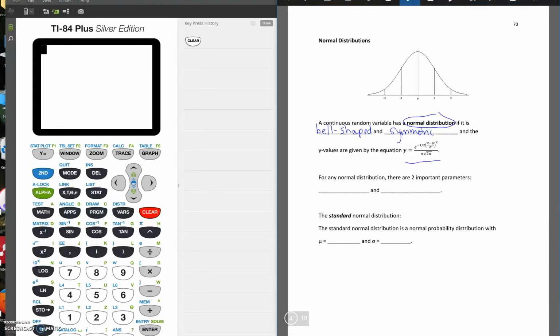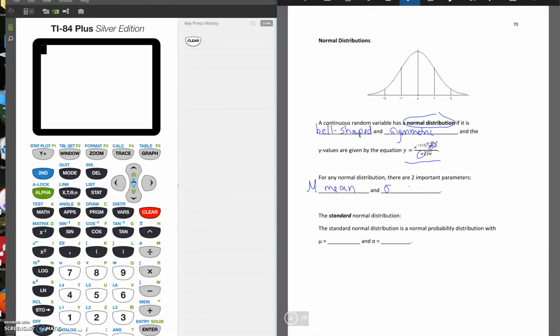And that's a pretty complicated formula. E is a constant, as well as pi. X in there is what you'd be plugging in along the x-axis. And then there are two other things that you'll see in there: mu and the standard deviation. Mu, the mean, is needed for a normal distribution: where is the middle?